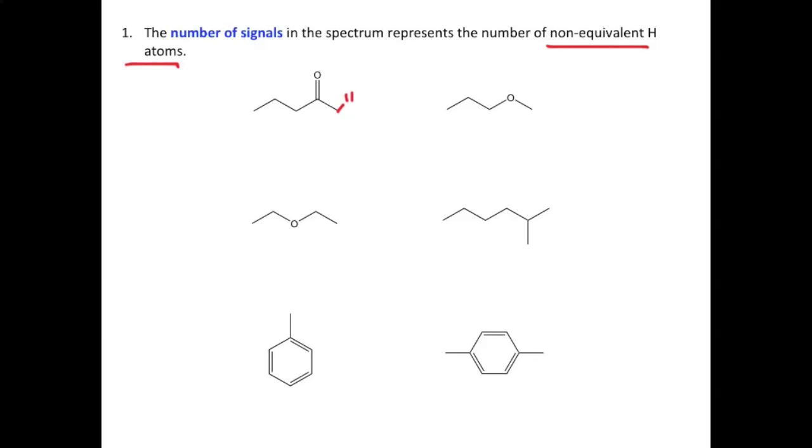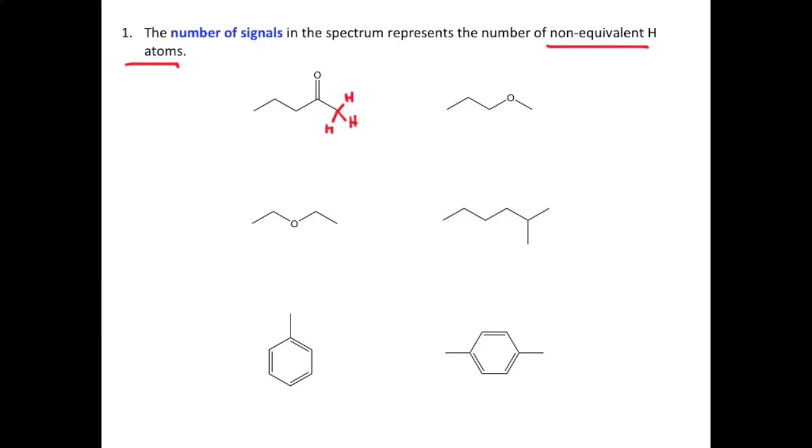So if we look at our first example here, we see we have a methyl ketone on one side, which means there are 3 hydrogens connected to that carbon. All 3 of these hydrogens are equivalent because they're all connected to the same carbon. As we go through, this molecule doesn't have any symmetry.